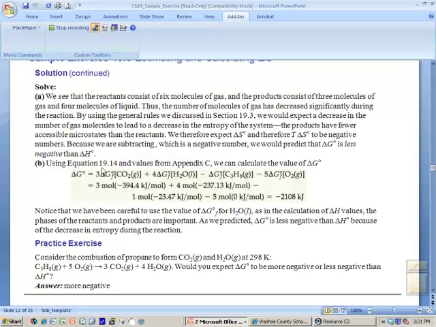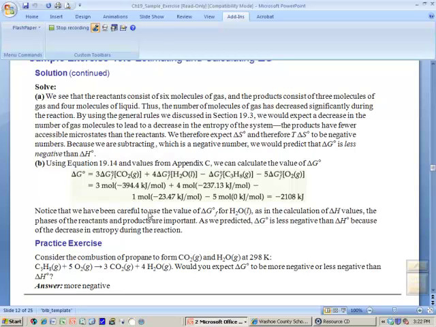So remember all of the coefficients. You had a 3 in front of the CO2, a 4 in front of the H2O, and make sure you look up the liquid water value. And then remember that they also want the gas value for C3H8. Fill it all in, and when you do your math correctly, be careful with your positives and negatives. You should get negative 2108 kilojoules.